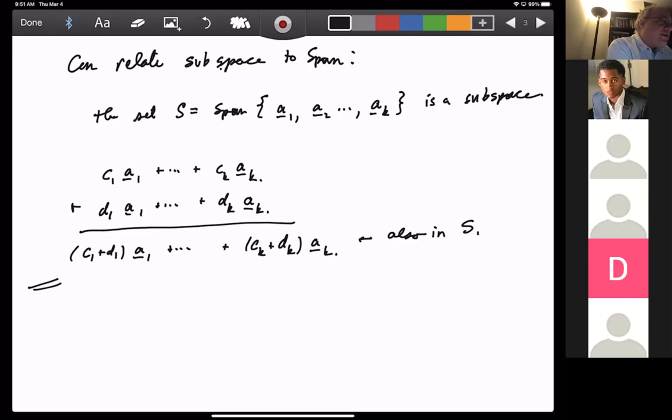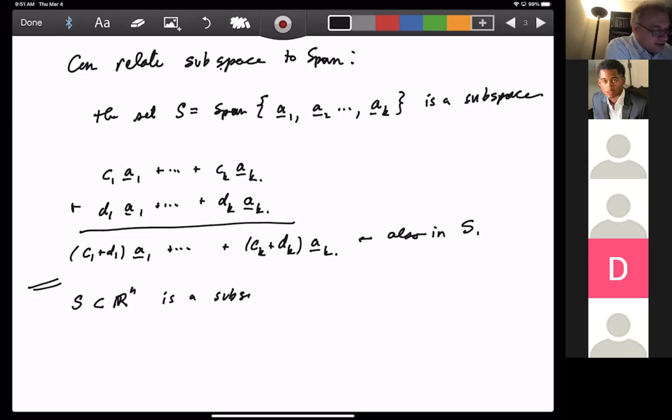Making sense? Okay, so another useful idea. We've got some set S, a subset of Rn. So think of a set of n-component real vectors.